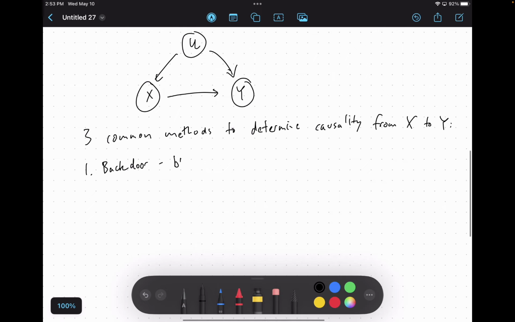This blocks all indirect paths from X to Y, but leaves all direct paths open.